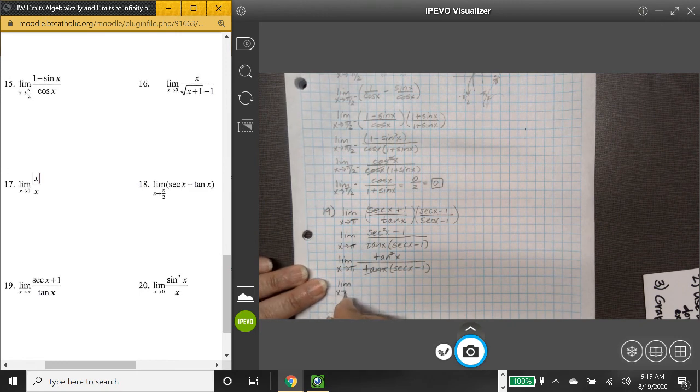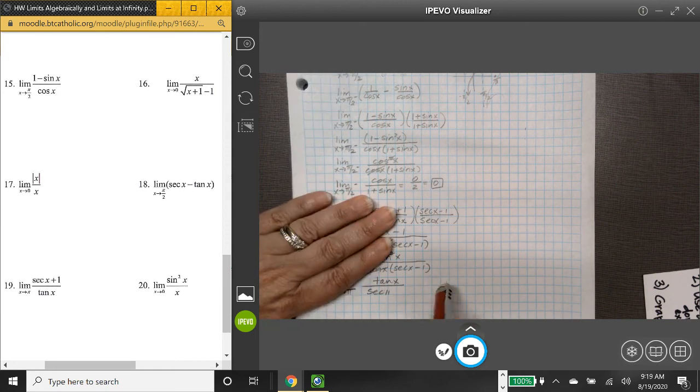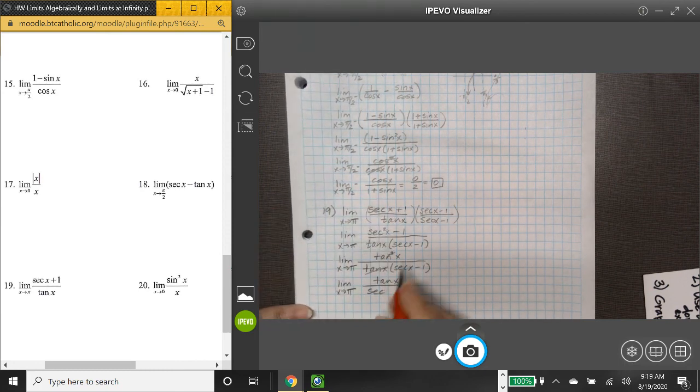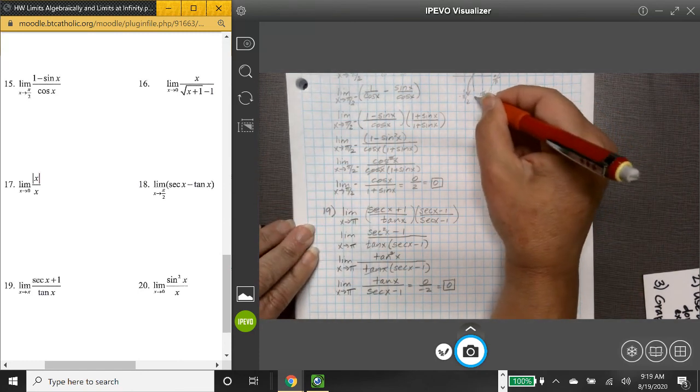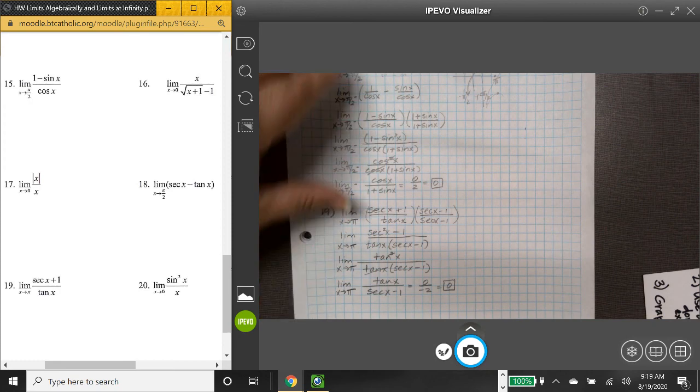So we get the limit as x approaches pi of tangent x over secant x minus 1. The denominator here is not 0 because the secant of pi is negative 1. So this is going to be 0 over negative 2, which is just 0.